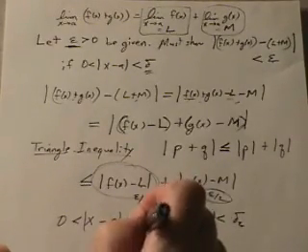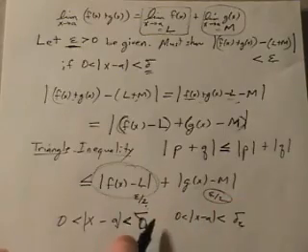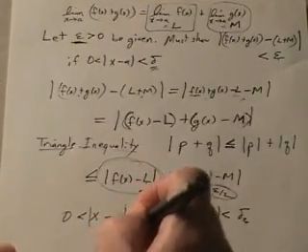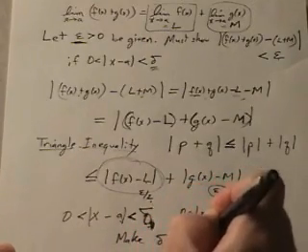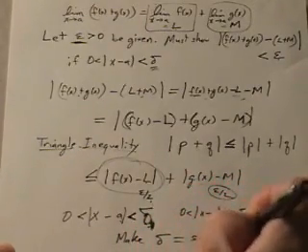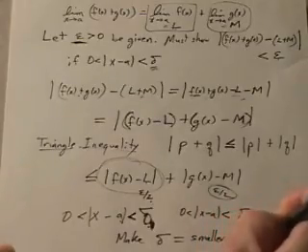So now I've got these two numbers, delta 1 and delta 2. And what if I make delta, I'm calling a new number, delta, to be the smaller of delta 1 and delta 2? Do you see what's going to happen now?